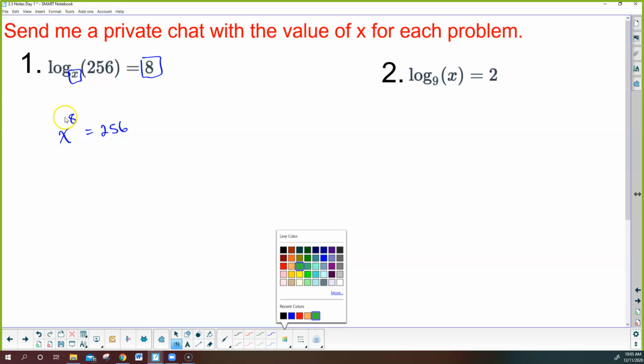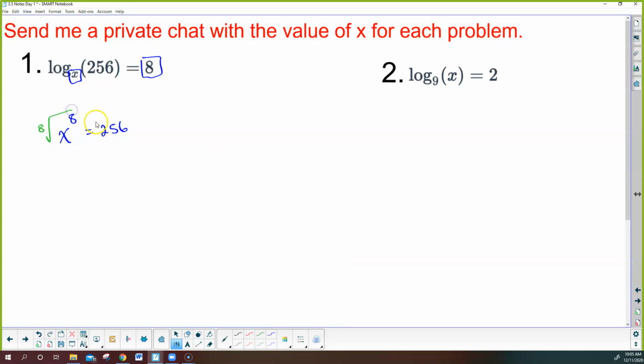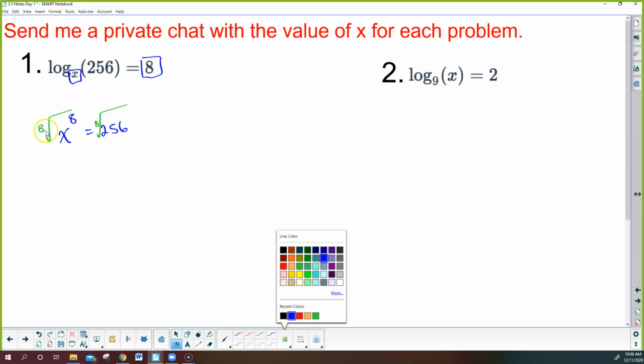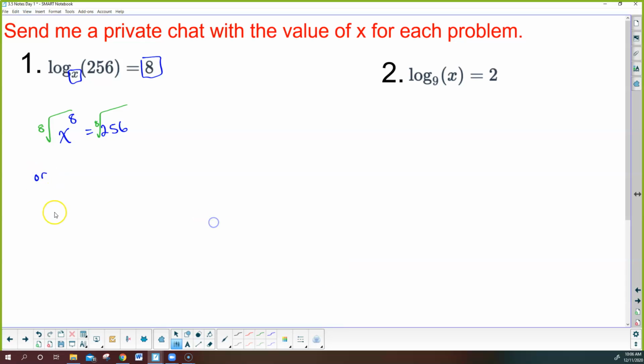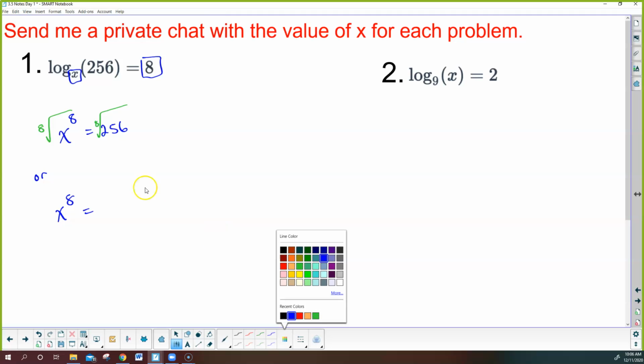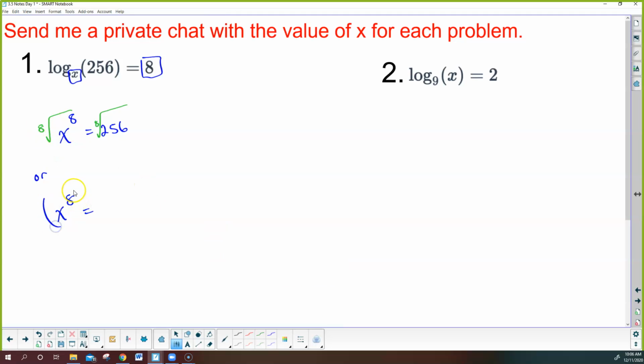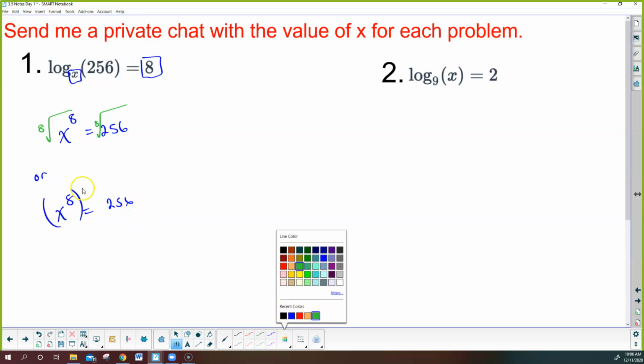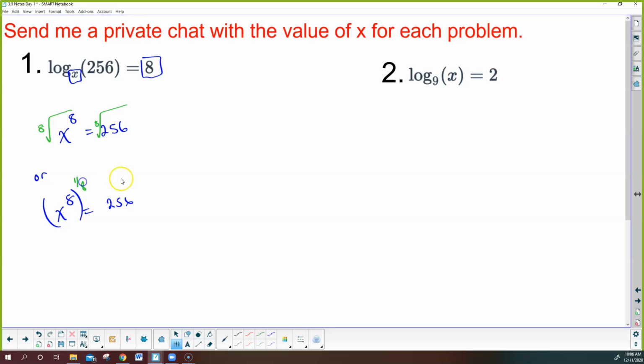Well, we know how to get rid of a square root. So you can do the 8th root, or let's say you forgot how to do that in your calculator. There's 2 ways that you can do this, and both of these are equivalent. The 8th root is actually the exact same thing as raising both sides to the 1/8 power.